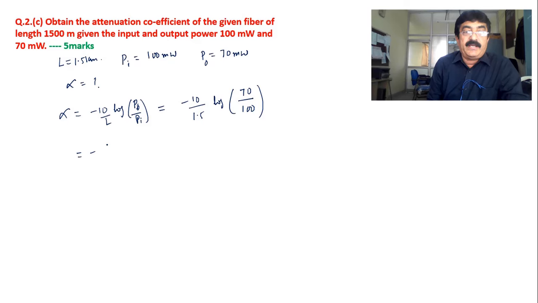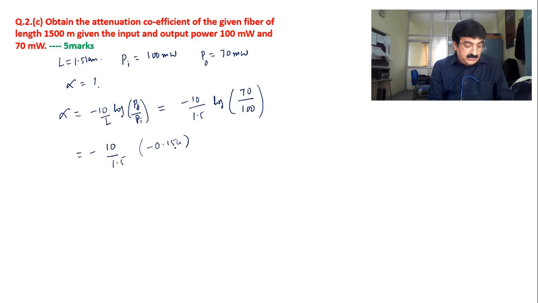Simplify, this is minus 10 by 1.5 into log of 70 by 100, that is log of 0.7. Log of 0.7 is minus 0.154. So already minus sign is there, so you just multiply by 10 divided by 1.5, it comes out to be 1.03. I will do it once again.